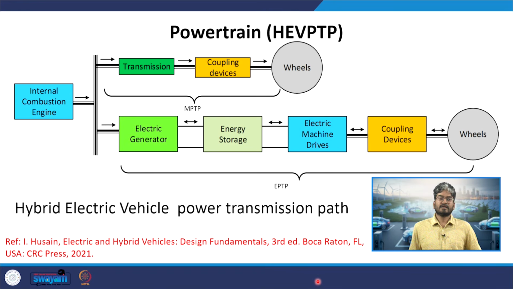Before the fully electric vehicles, we had the hybrid electric powertrains. In this we had the conventional path of power flow, and we also had the electrical power flow path. So what was the advantage of these hybrid electric vehicles? They had two different options, plug-in and without plug-in. When I say plug-in, the electrical components can be charged from an external source of electricity, whereas the mechanical component runs on fossil fuels.